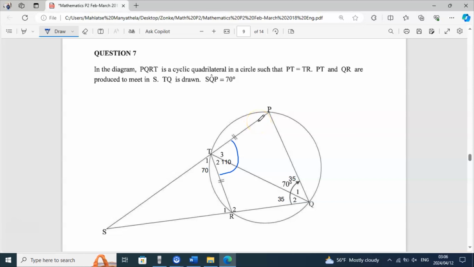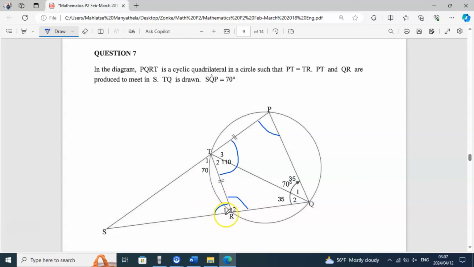But I know that angle P plus angle R2 is equal to 180 degrees, opposite angles of a cyclic quadrilateral. And that R2 plus R1 is equal to 180 degrees, adjacent angles on a straight line.